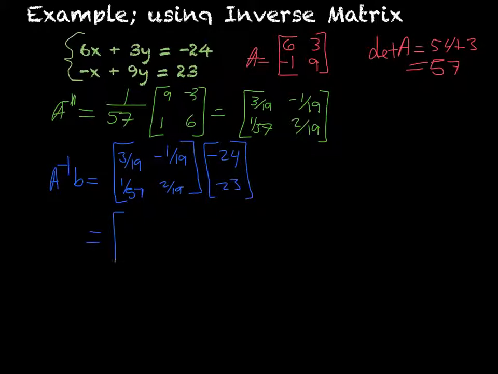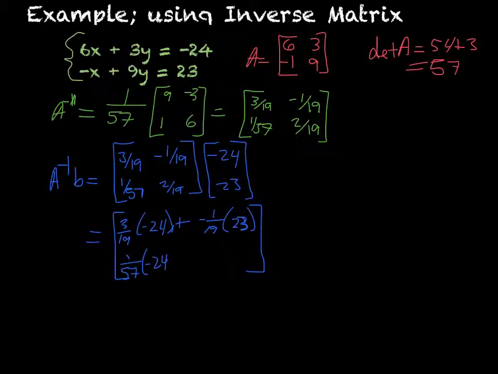That gives me 3 over 19 times -24 plus -1 over 19 times 23 for my first row answer. And then I would have 1 over 57 times -24 plus 2 over 19 times 23.